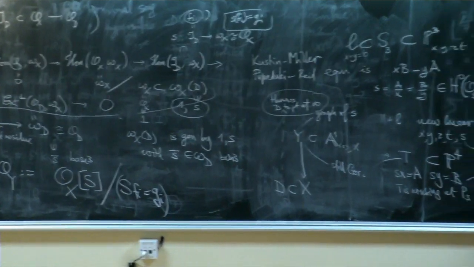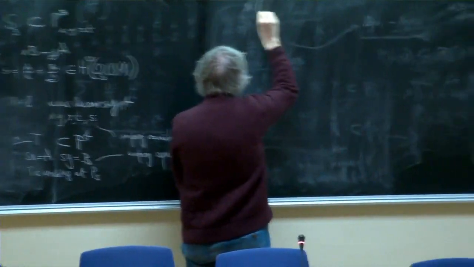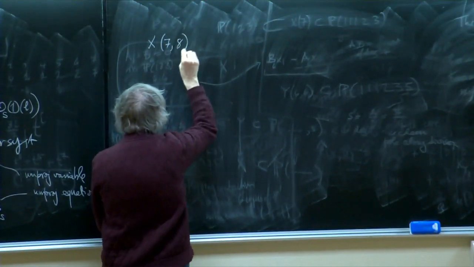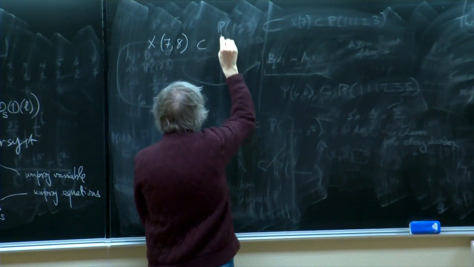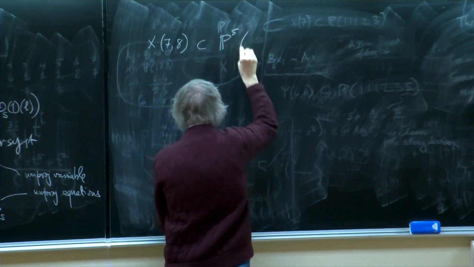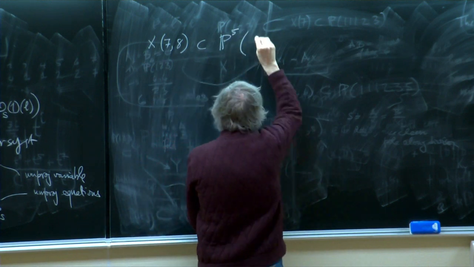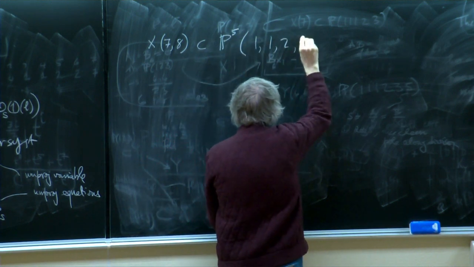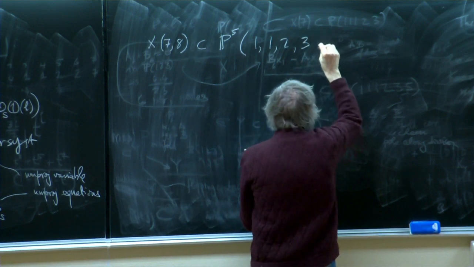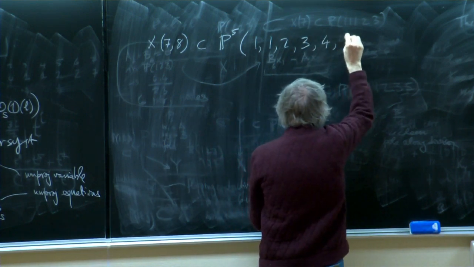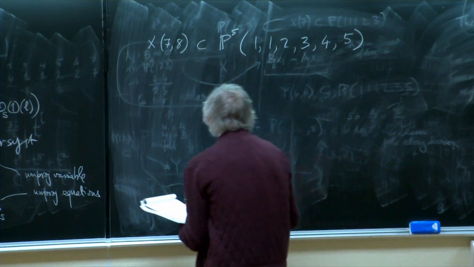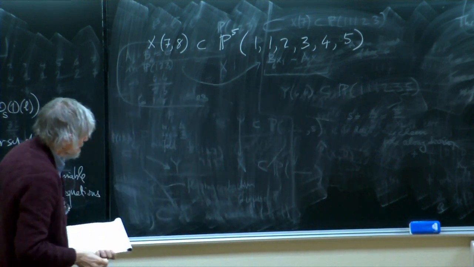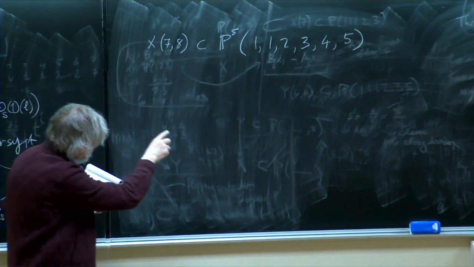So let's look at X7,8 contained in P5 with weights 1, 1, 2, 3, 4, 5. I hope you've all got used to this.